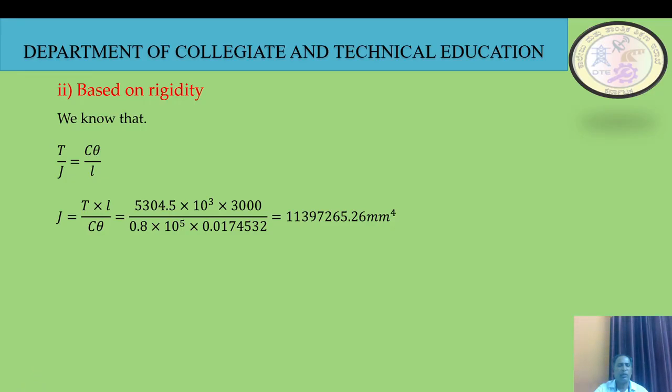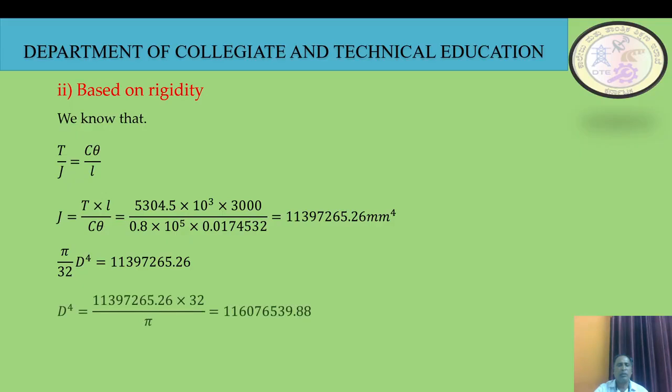As we know the value of the polar moment of inertia for the solid shaft is pi by 32 into d raised to 4. So therefore pi by 32 into d raised to 4 is equal to 11397265.26. So therefore d raised to 4 is equal to 11397265.26 into 32 divided by pi.